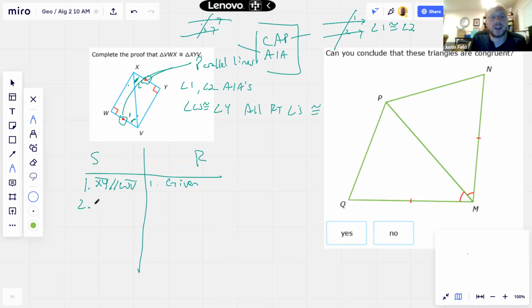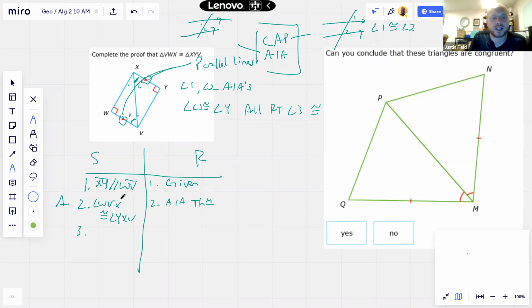And so because the lines are parallel, we can say angle WVX is congruent to angle YXV. So you see that naming angles is very important, and that is the alternate interior angle theorem. All right, so that's one angle pair.